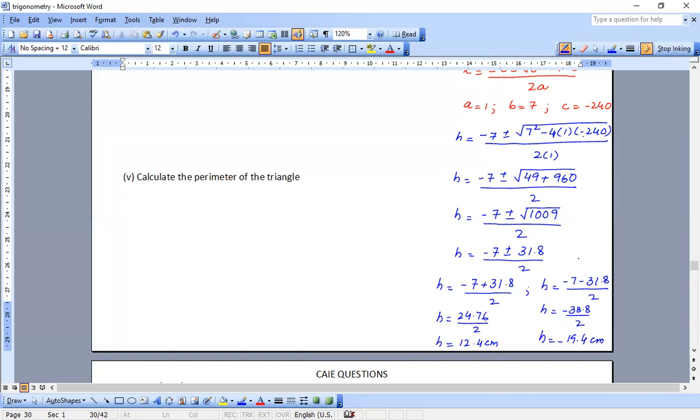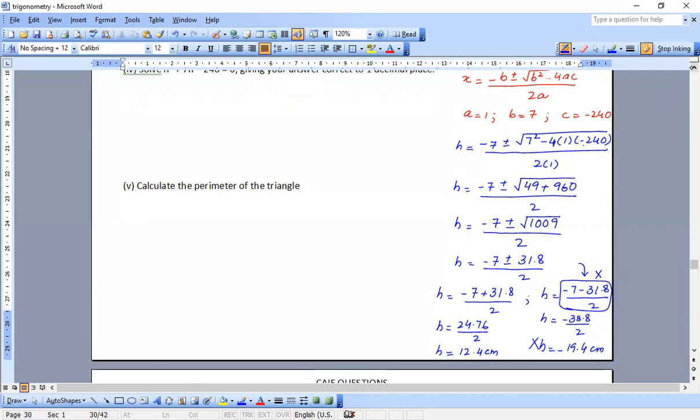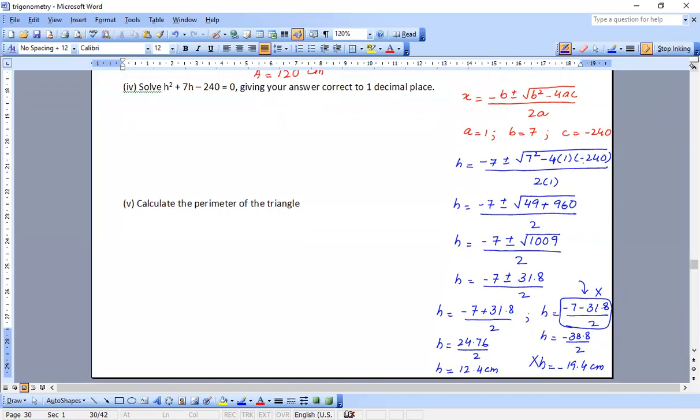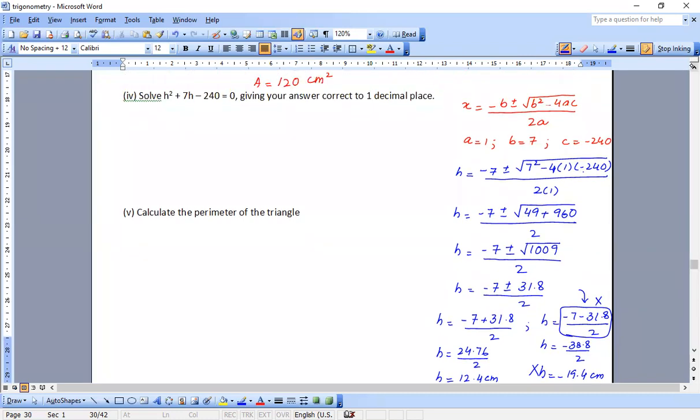I suggest that you do not continue this part after getting this, because at this point you know the value of h is negative, and since h is representing a length, which is not acceptable, I'll discontinue solving this at this point. So once I've solved the equation, the value of h is going to be 12.4.